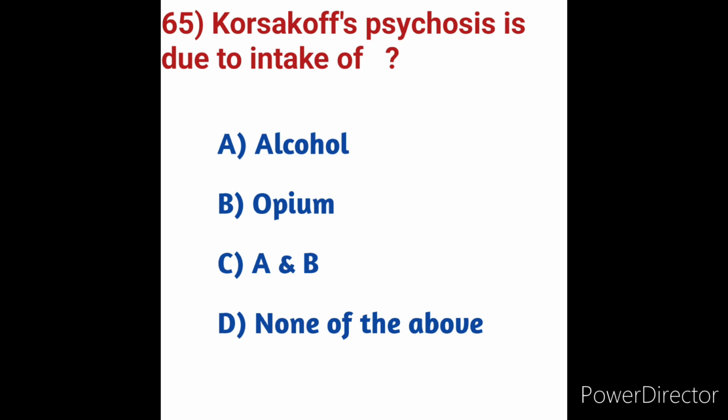Korsakoff syndrome is also known as Korsakoff amnesic syndrome. It is a memory disorder that results from vitamin B1 deficiency and is associated with alcoholism. Korsakoff syndrome damages nerve cells and supporting cells in the brain and spinal cord, as well as the part of the brain involved with memory.